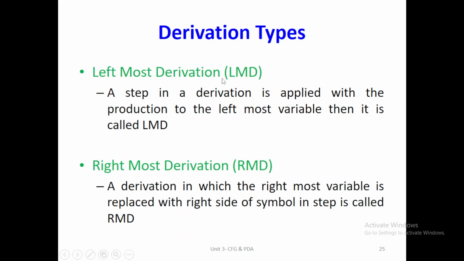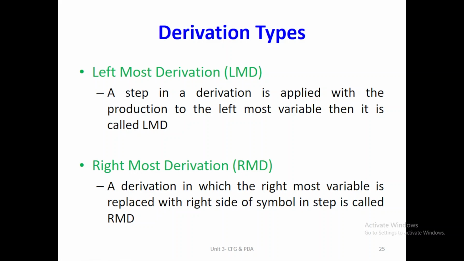LMD is a step-by-step method of derivation in which a production is applied from the leftmost notation onwards. Instead of that, if you substitute a production from the rightmost side onwards, that is called as RMD.